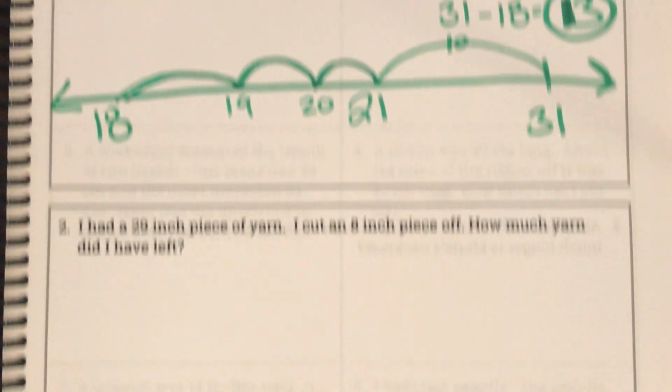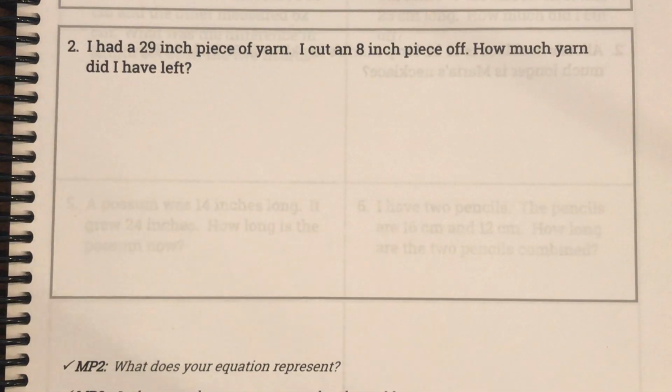Okay, let's try another one, boys and girls. I have a 29-inch piece of yarn. I cut an 8-inch piece off. How much yarn did I have left? Okay, so if I think about this problem, how much did I have left? It was cutting.